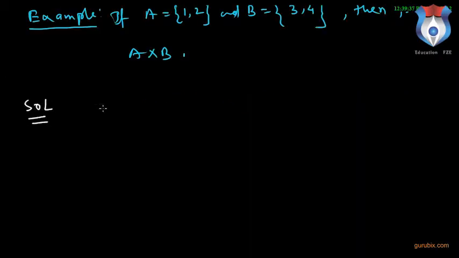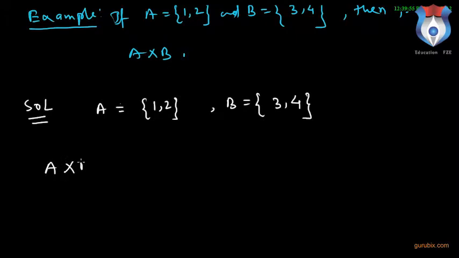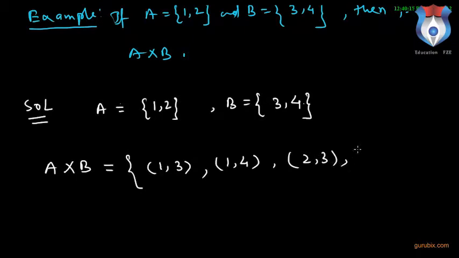Let us see. We are given A equals to the set {1, 2} and B equals to {3, 4}. Therefore, A cross B will be equal to, we shall make pair of 1 with 3 and 4, like this, (1, 3), (1, 4). And now we shall make pair of 2 with 3 and 4, then it will be (2, 3) and (2, 4).